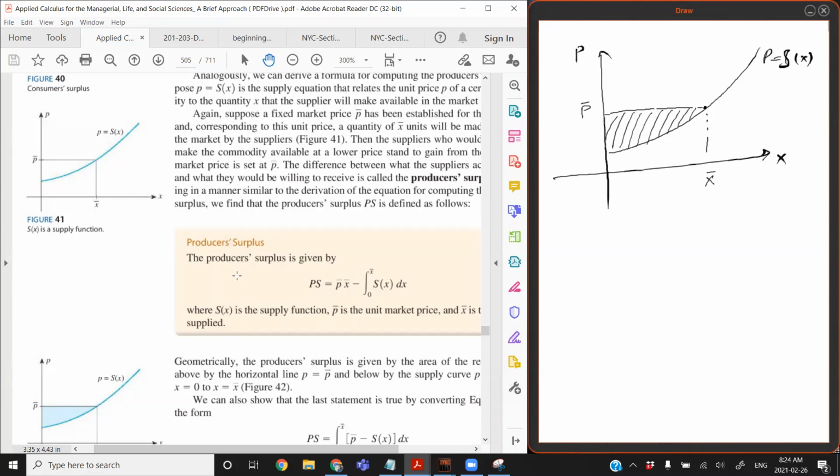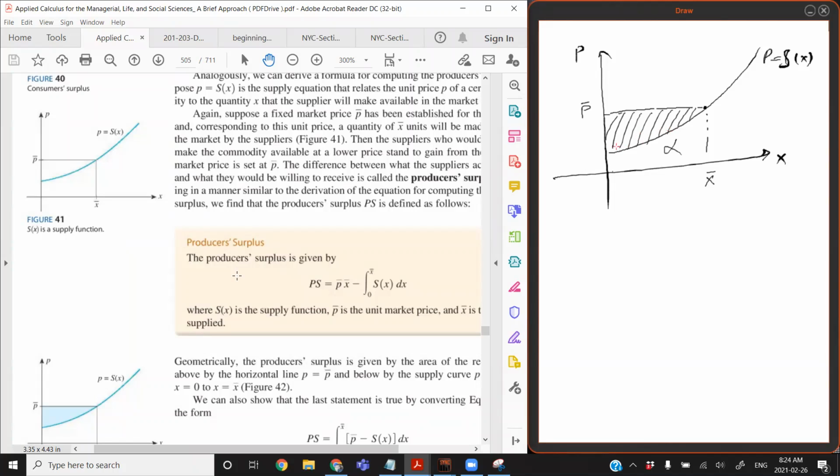So if I ask you to find the area of the shaded region, what would you do? You would say, okay, this area is going to be the area of this rectangle minus this area, which I can denote with a definite integral.